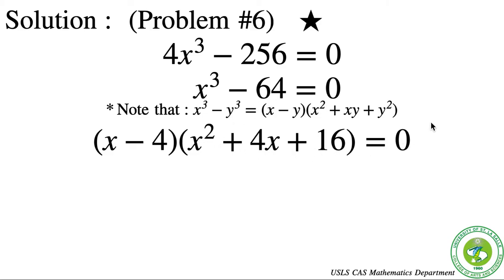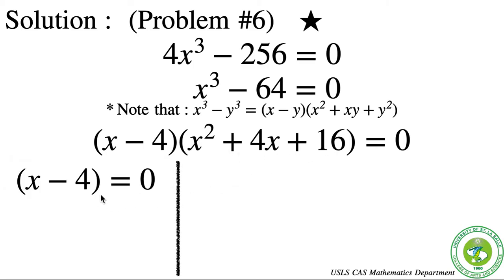So what we need to do is to have two cases for our solution. In case 1, we're going to focus our attention on this x minus 4, our binomial. So we're going to divide the whole equation by this quadratic. If we do that, we will be left with x minus 4 equals 0.